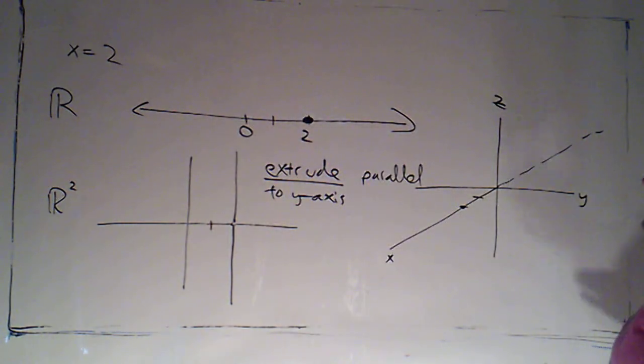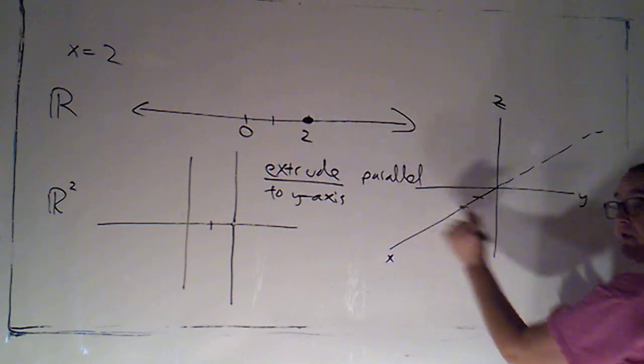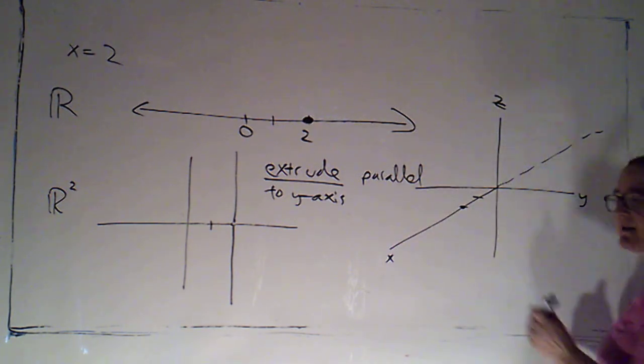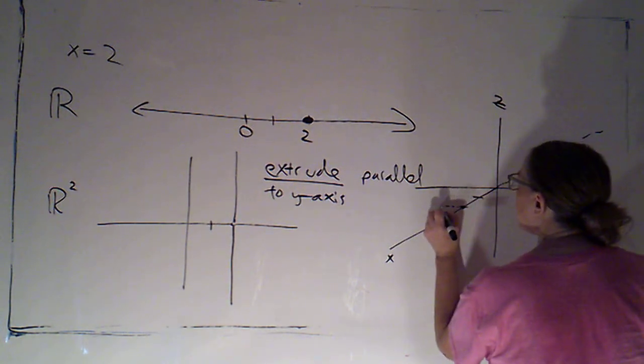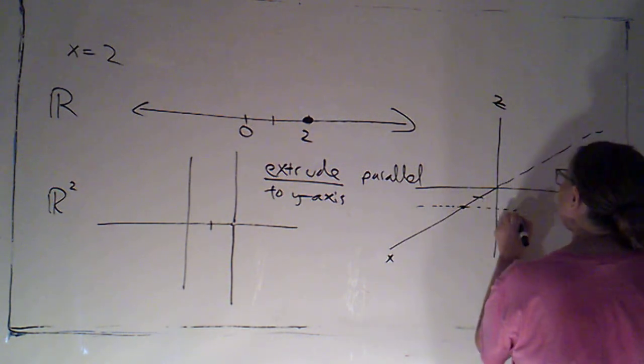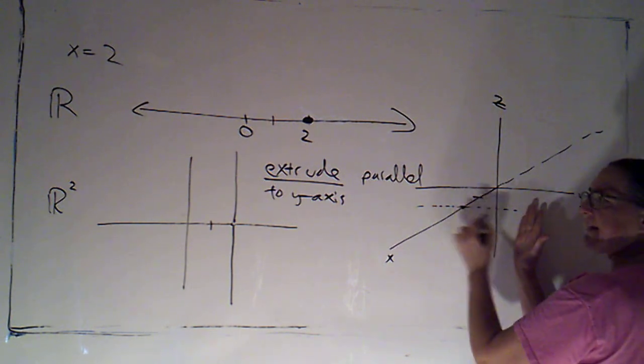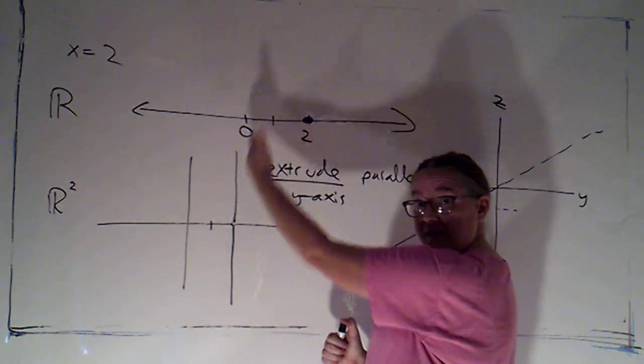Now, this puts no restrictions on y, so I'm allowed to go left and right. I can't go forward and back at all, but I can go left and right as far as I want to. Now, I'm going to draw that, but just as a dotted line, and I'll explain why in a moment there. But basically, that's giving me a copy of this.